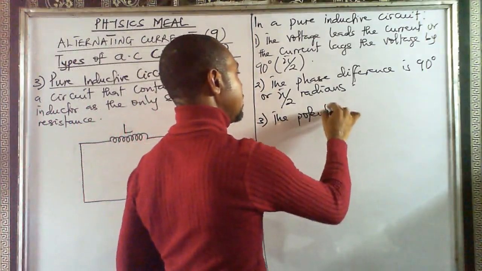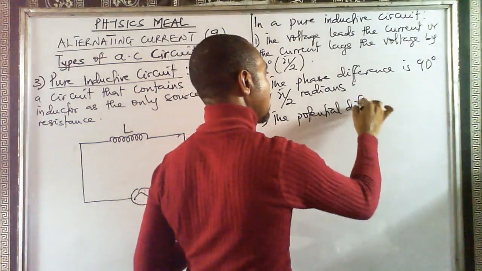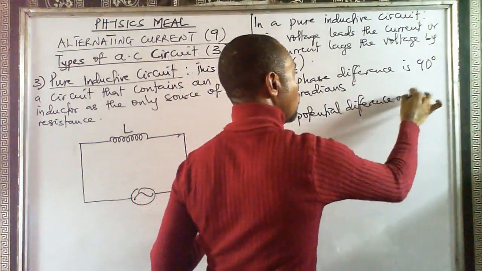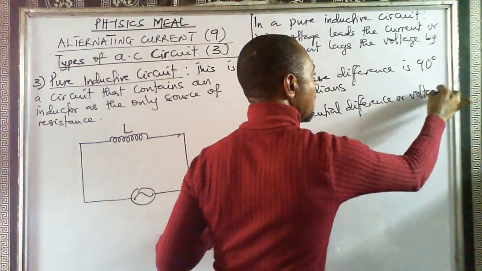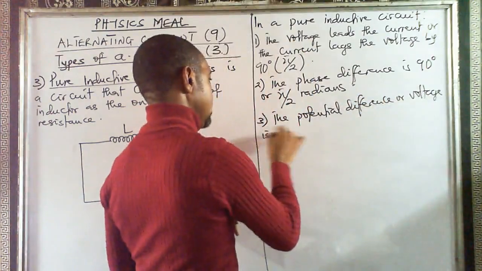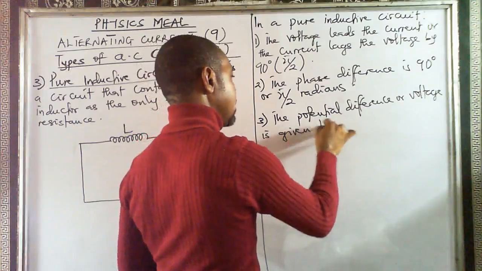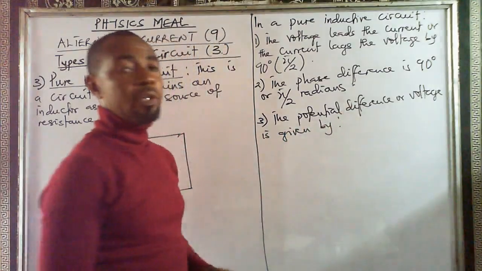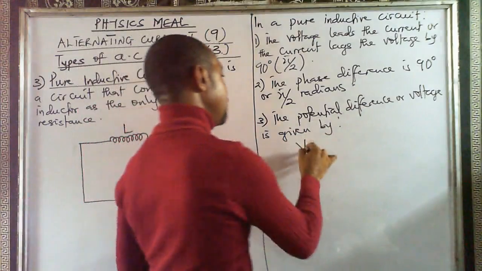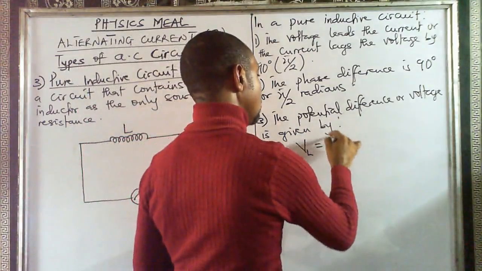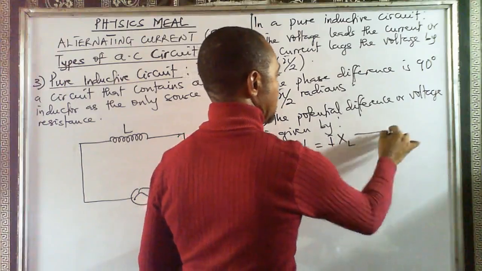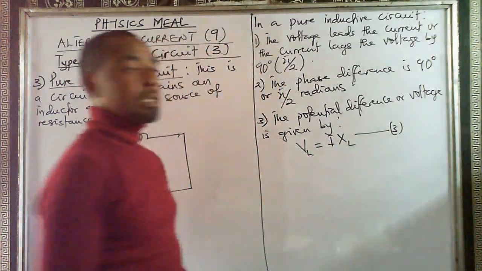The third one, the potential difference, or voltage, is given by VL is equal to I XL. Let's call this equation 3.